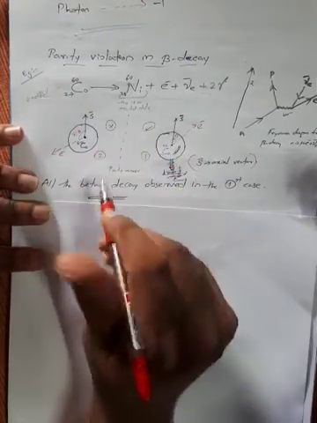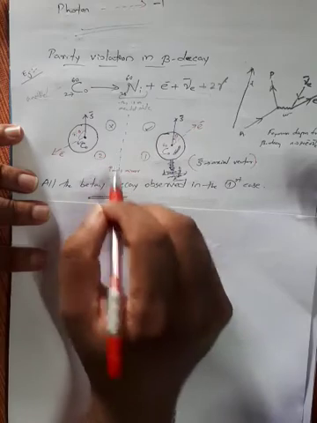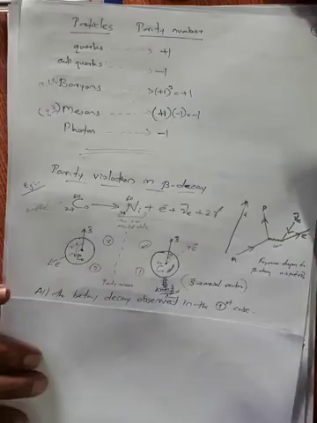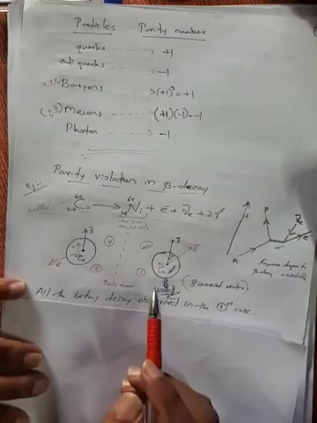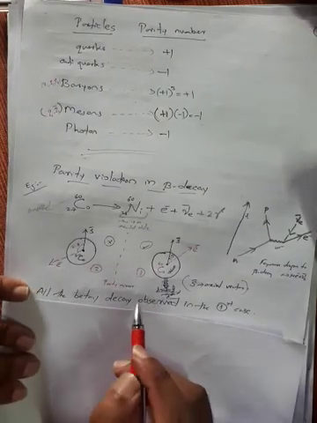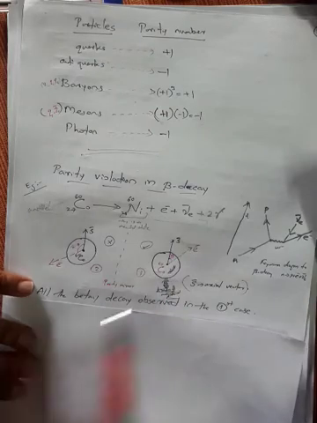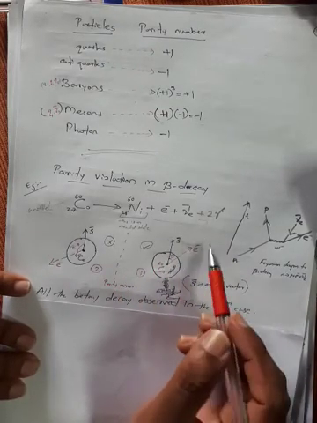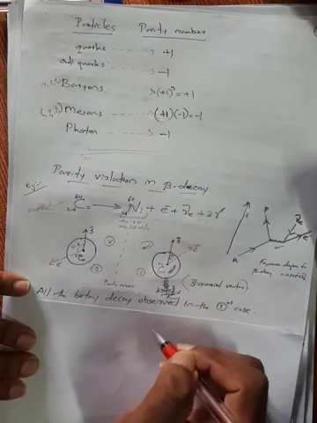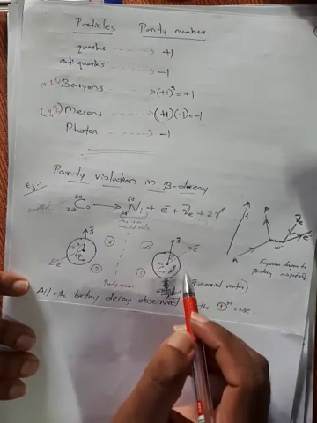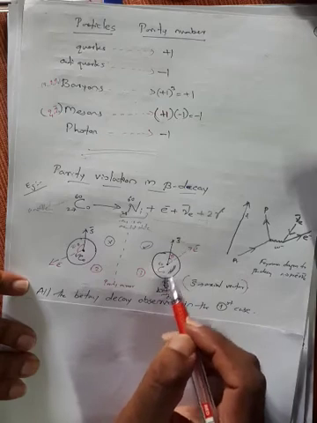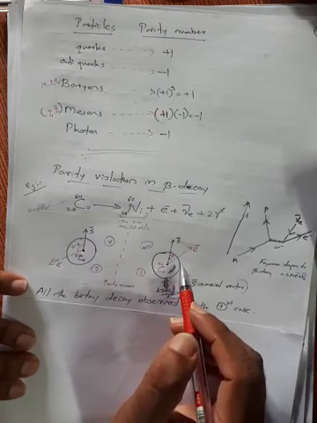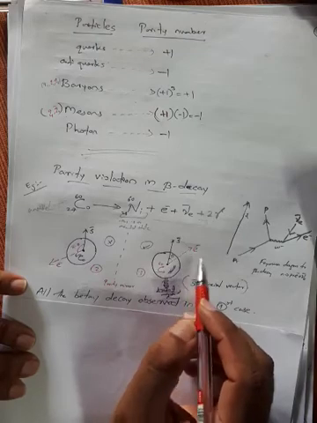If you apply a parity mirror to this reaction, the direction of the electron and the direction of the magnetic moment should be in the opposite direction for conservation.